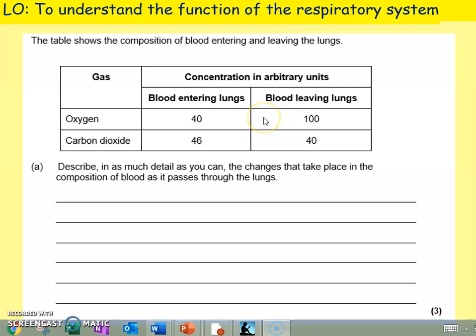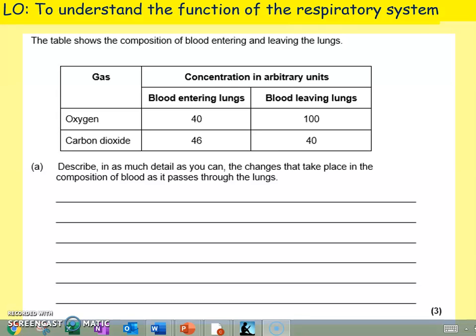So if you said the number of units of oxygen increases by 60, or you've said the difference between the blood entering and leaving the lungs in terms of oxygen is 60, that will get you a mark. If you've said that the concentration of carbon dioxide decreases by 6, that will get you a second mark.